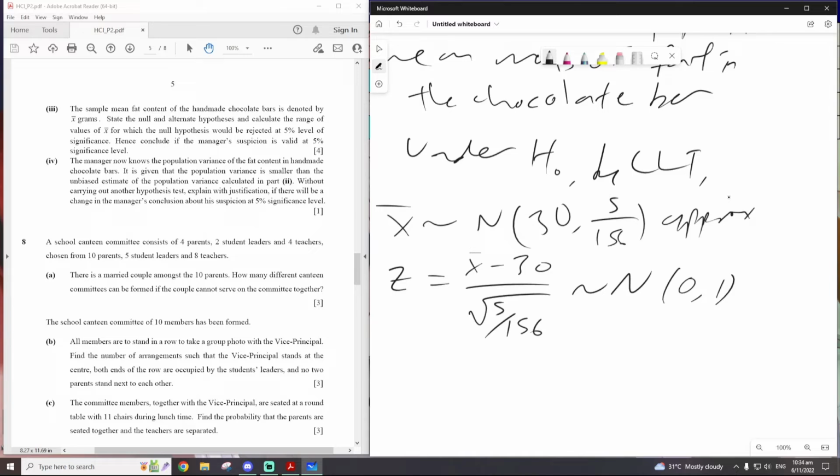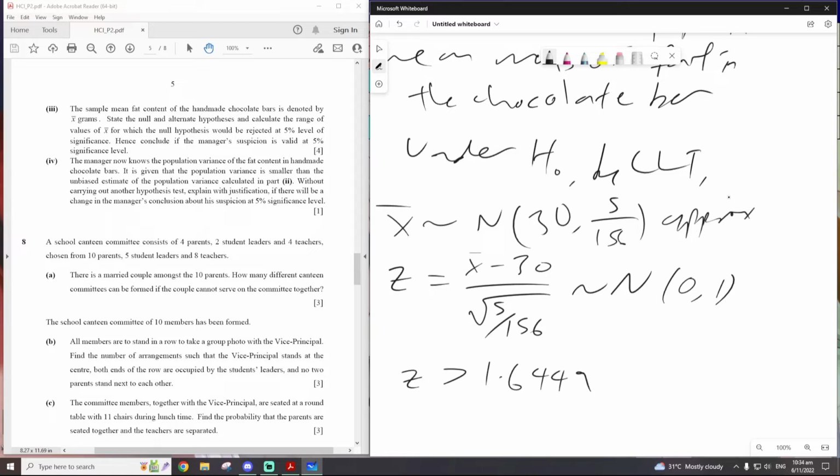You need the value of the test statistic to be greater than, since you're conducting a one-tail test at 5% significance level, which means you need Z greater than 1.6449.